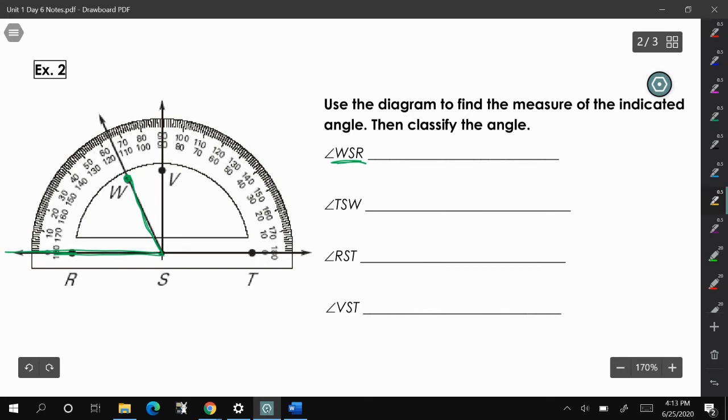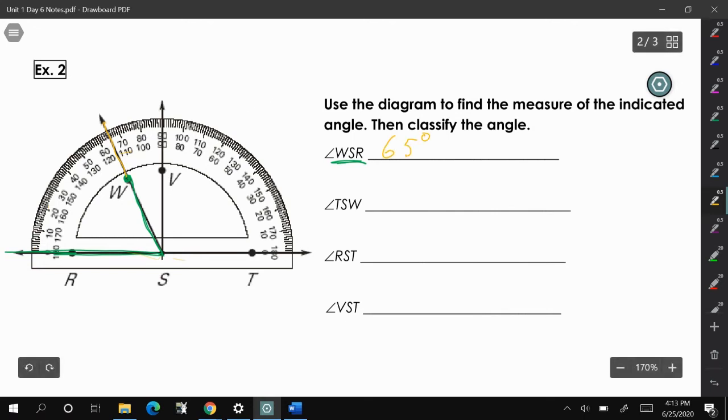I'm going to be using the outside numbers because the horizontal line that my protractor is lined up with is on the left. So let's see, where does that intersect? It looks like between 60 and 70, so let's call that 65 degrees.